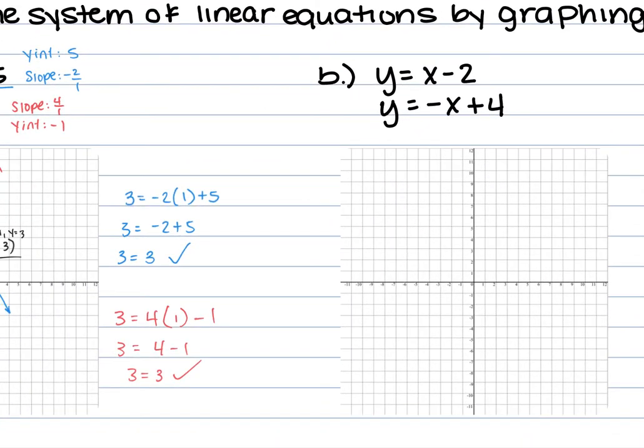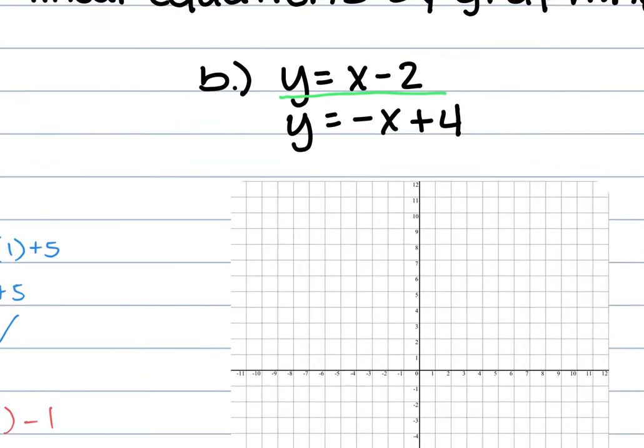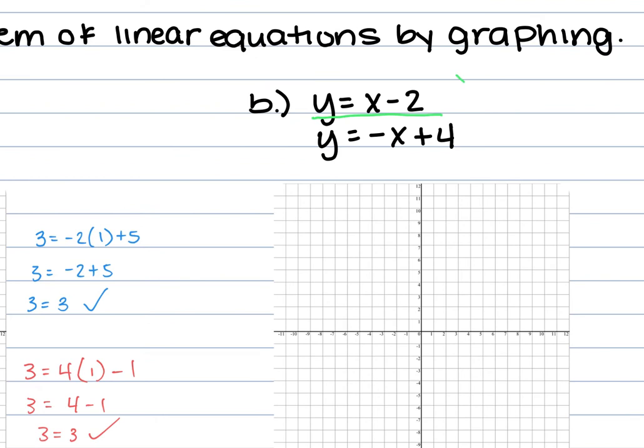In B, my first equation is y equals x minus 2. That means that my y-intercept is what? Negative 2. My slope is what? Positive 1 over 1. Excellent. Okay? So I'm going to start at negative 2.